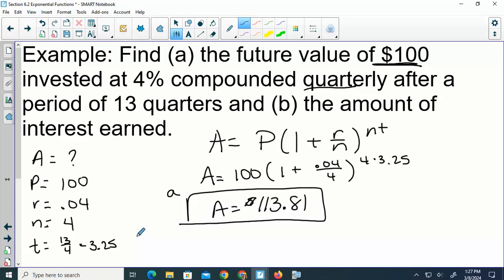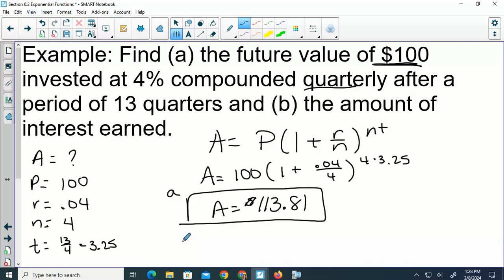Part B wants the amount of interest we've earned. How would I calculate my interest? We actually don't even have to use the formula. How much money did we start with?